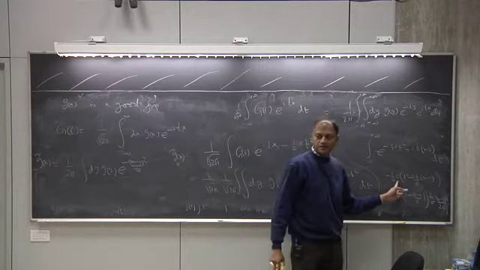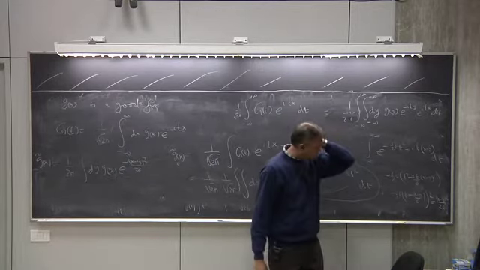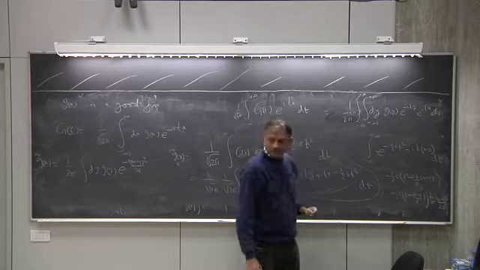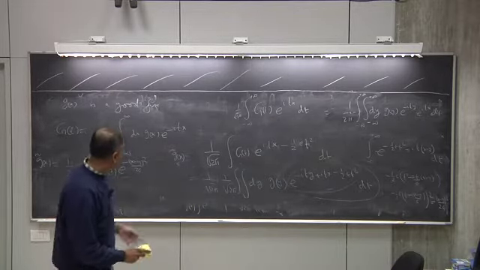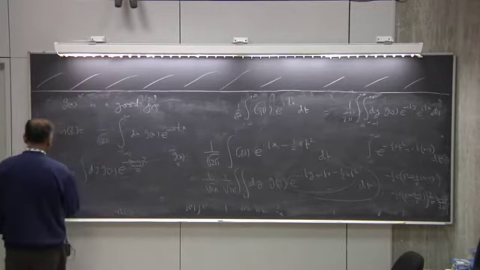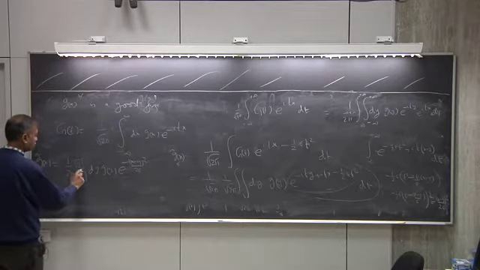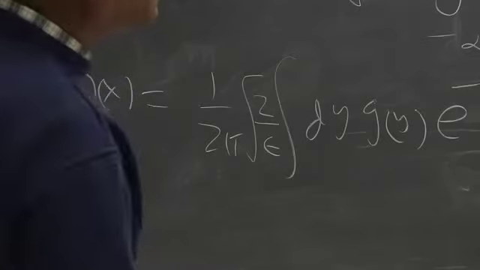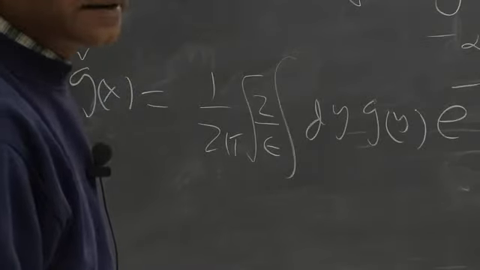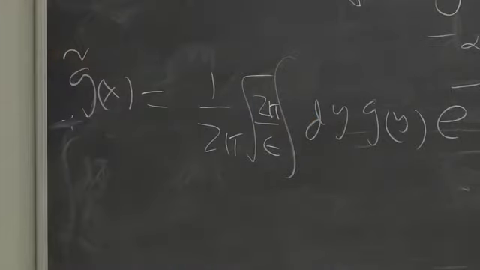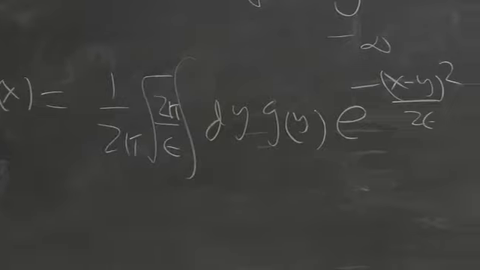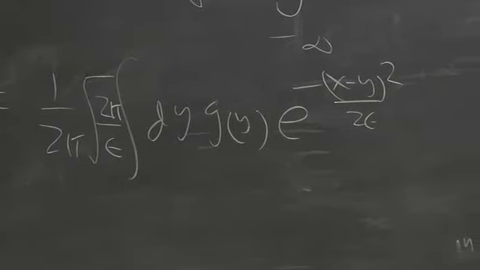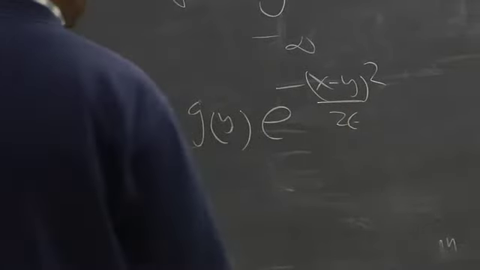Do any of you remember what it is? There is a 1 over root epsilon, because I have to scale that, root 2 over epsilon, and root pi, so root of 2 pi over epsilon. If you remember correctly, this is a Gaussian integral that gives you that. Okay, so this is what g tilde is.